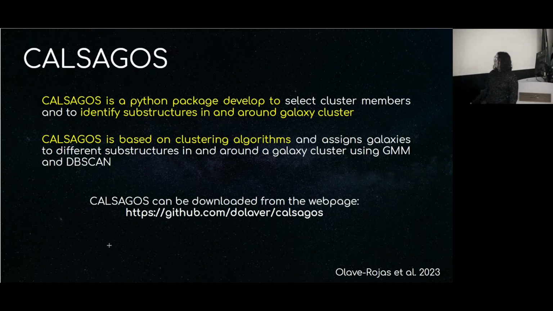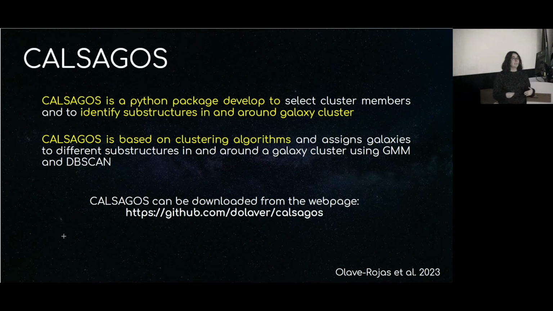In the second version, I'm including HDBScan, which is a clustering algorithm based on hierarchical clustering that works better when you use, for example, superclusters. Calzagos was tested using the mock catalog developed by Pablo, the S+ mock.